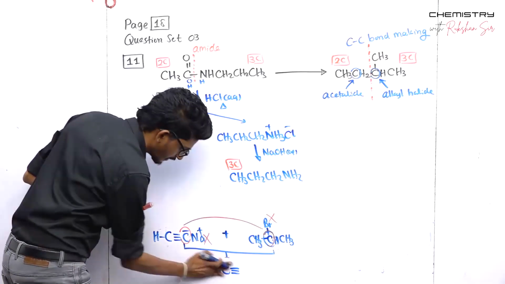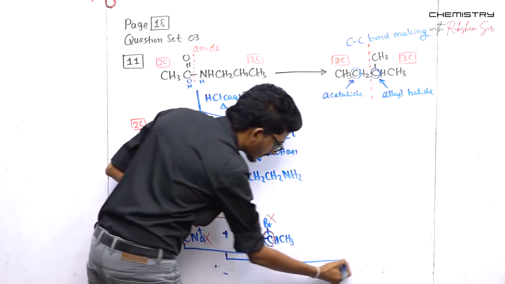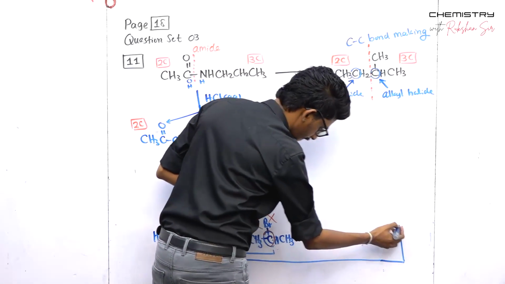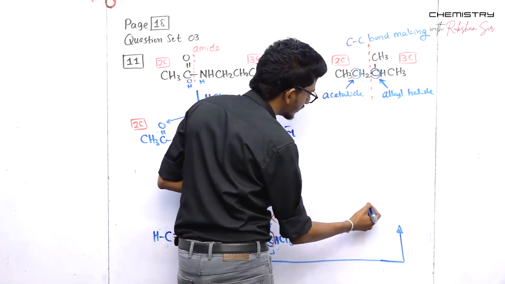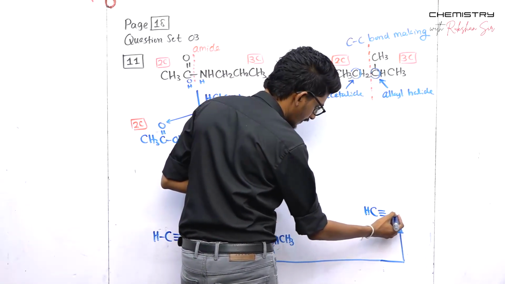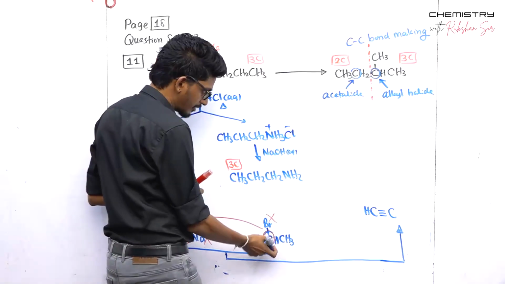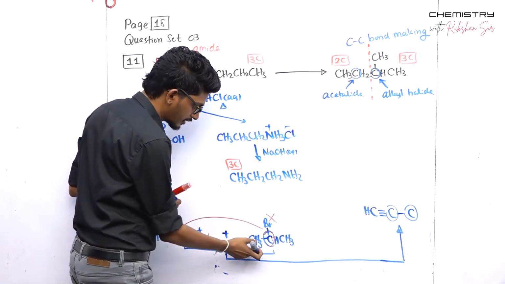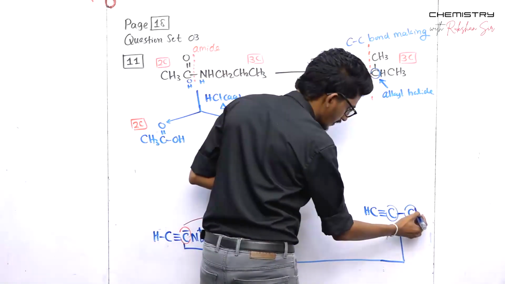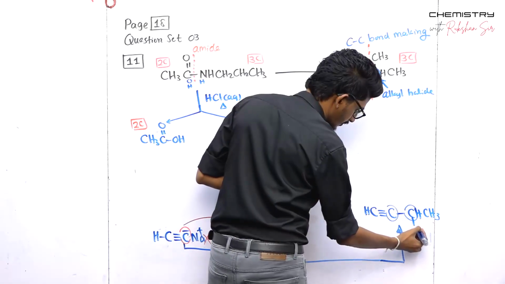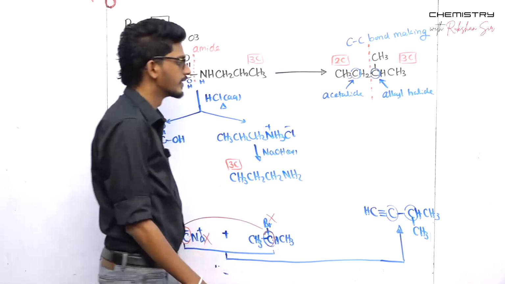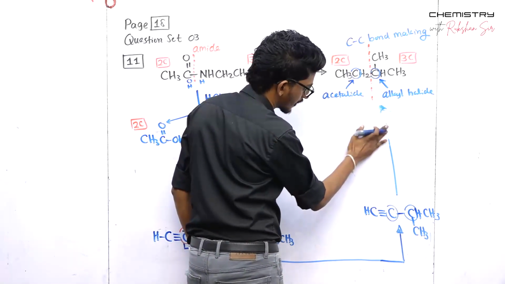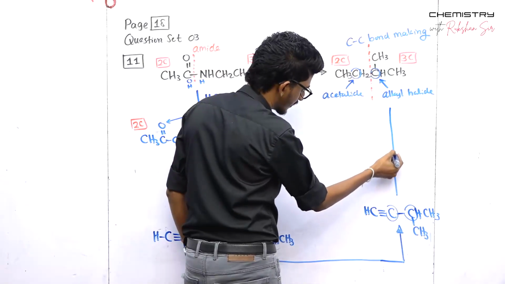The H is here, the triple bond will be there like this, and to that this carbon will connect. These are 2 carbons connected, and with that carbon you have H and 2 CH3s. So with one single step you can come to here.